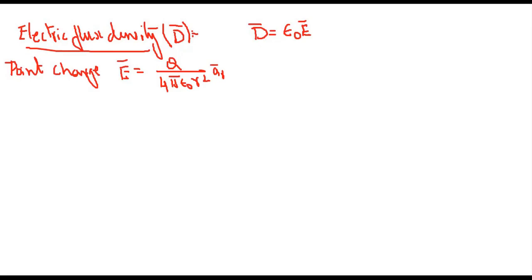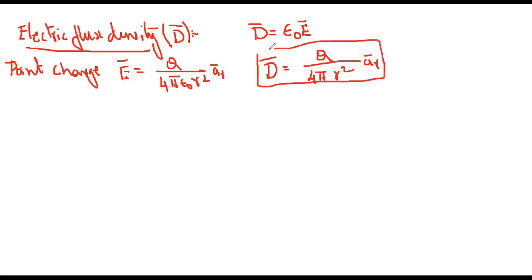Now using this relation, the electric flux density D bar is equal to Q by 4 pi R square into AR. There is no epsilon naught, because epsilon naught gets cancelled when you substitute the E bar in this equation. This is the electric flux density of the point charge.